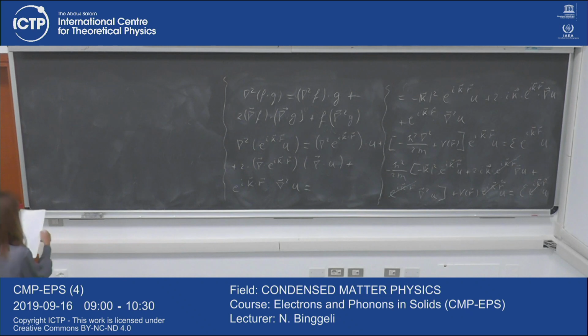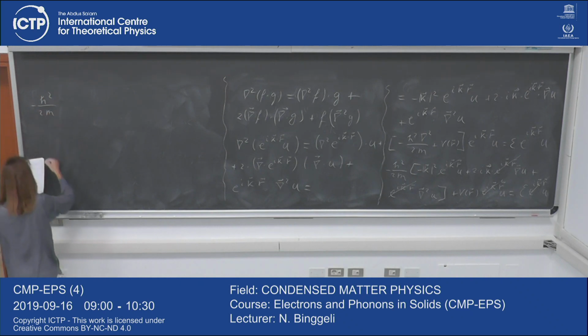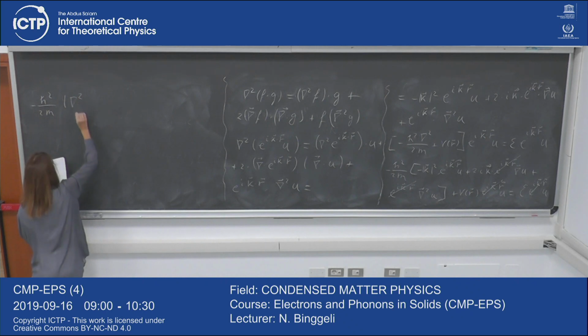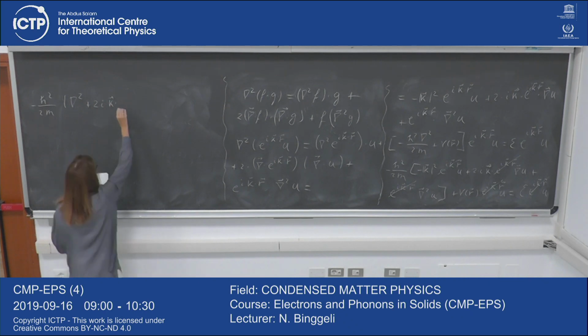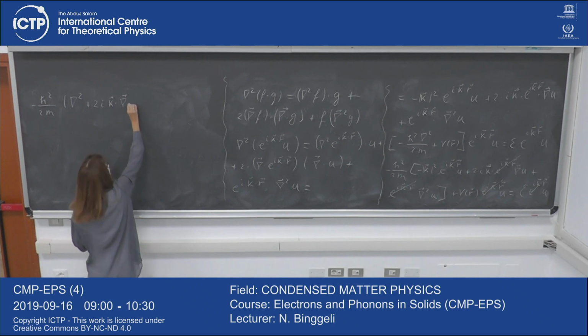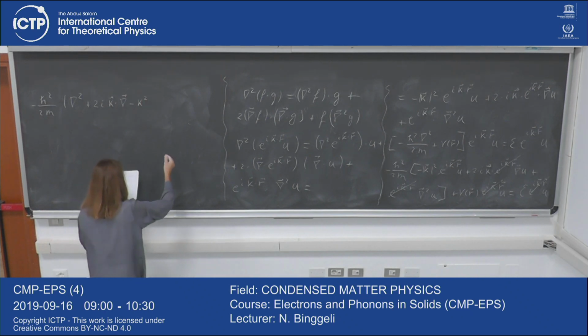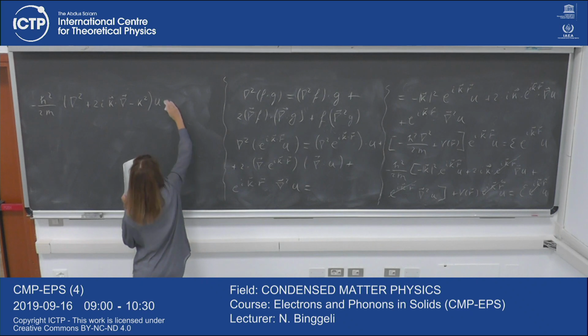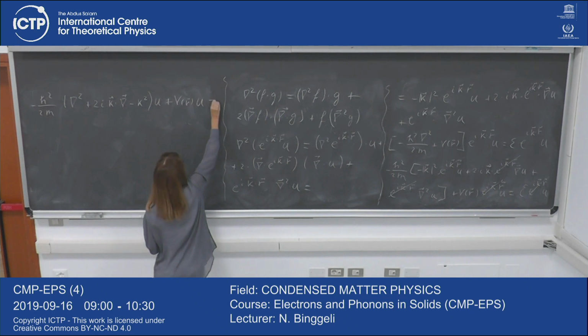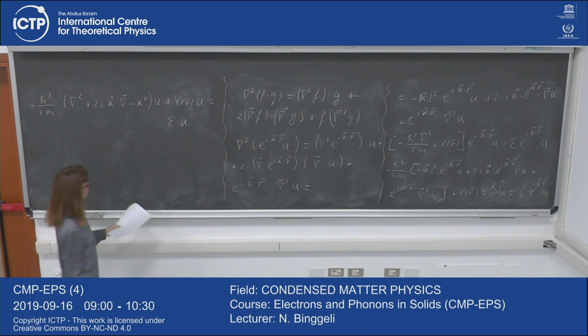So what I'm obtaining, if I rearrange a little bit, is h bar square over 2m gradient square plus 2i k times gradient minus k square u plus v of r u is equal to epsilon u.